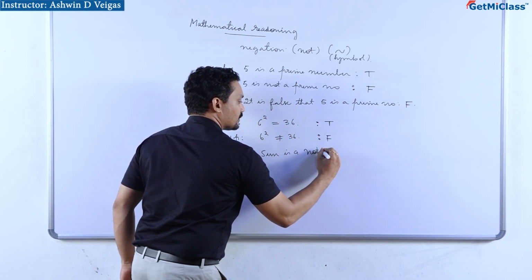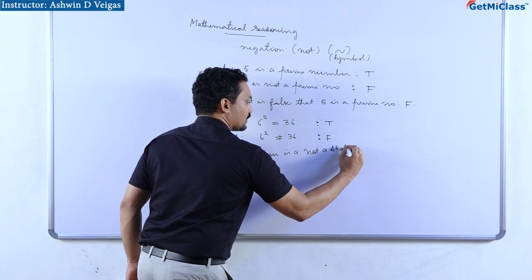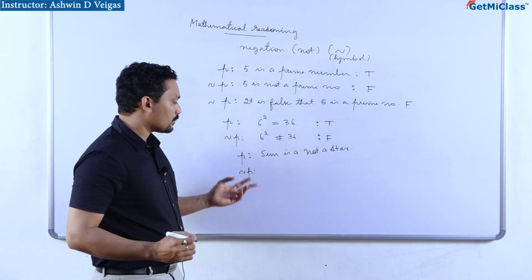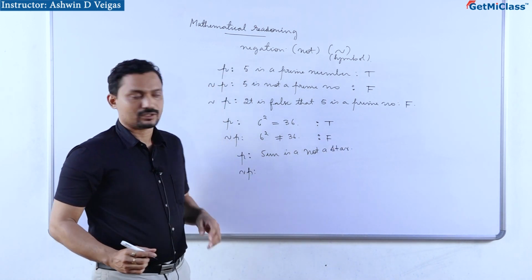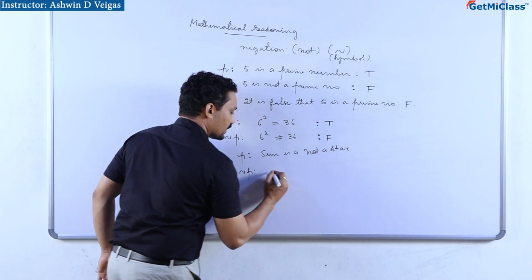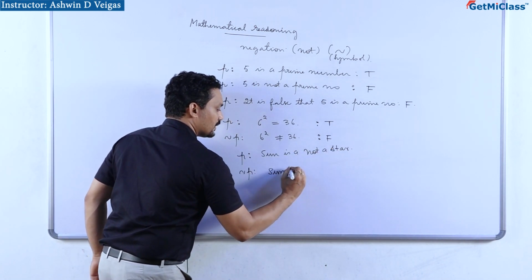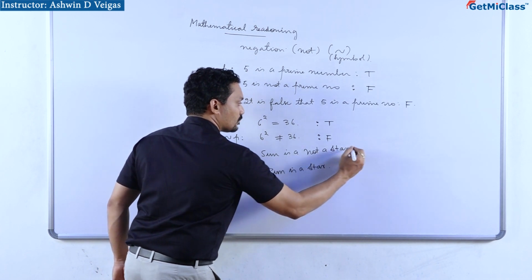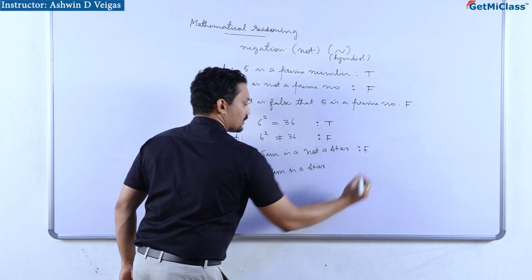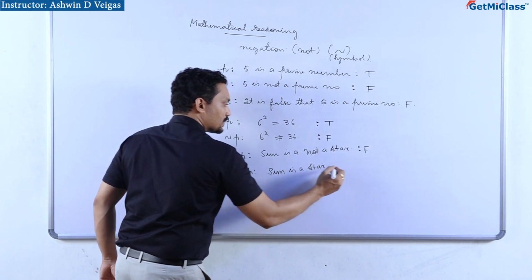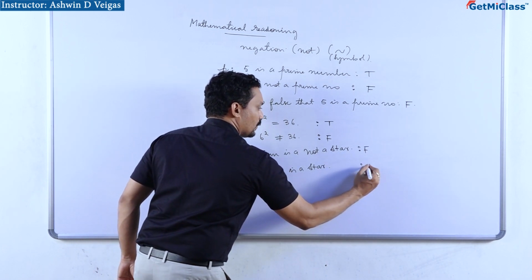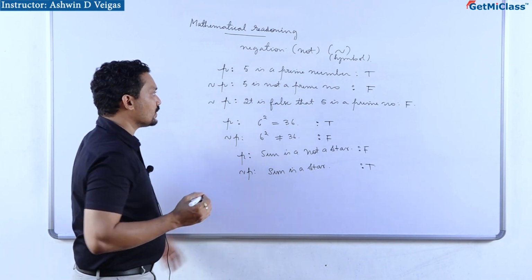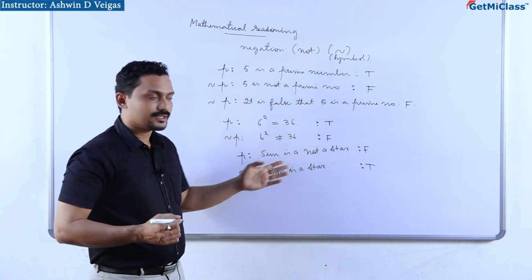If you have sun is not a star, then the negation can be got by removing the word not. So, negation P will be sun is a star. Now, we know sun is not a star is false. When you negate, it becomes sun is a star, which is true. So, this is how you negate the statement.